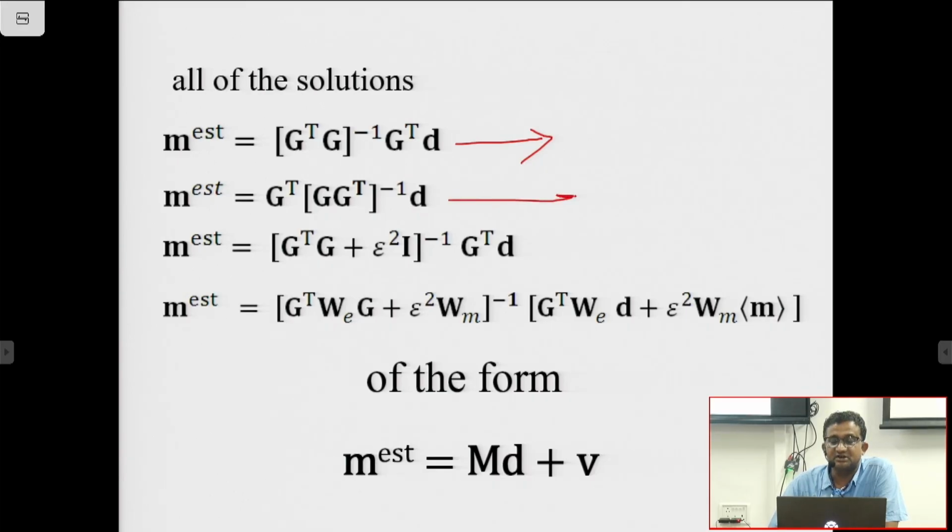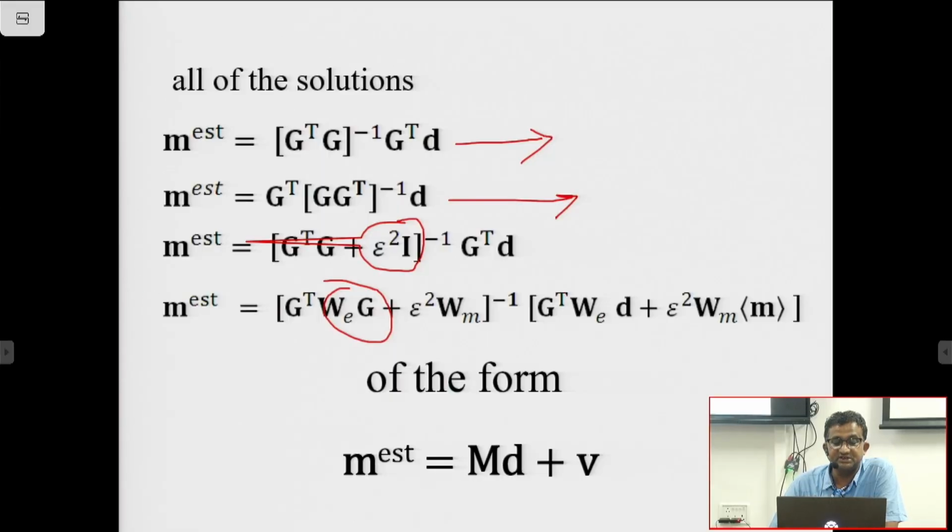Another expression comes from your underdetermined problems, and the third one shows that there is a damping factor incorporated to give more stable solutions, and the last one is the expression of the weighted average of your weighted expression.